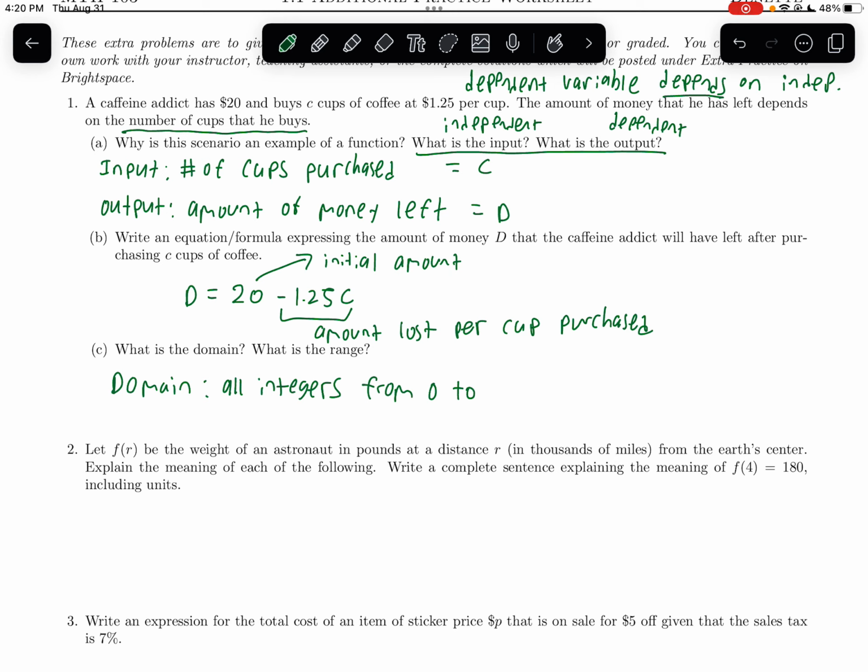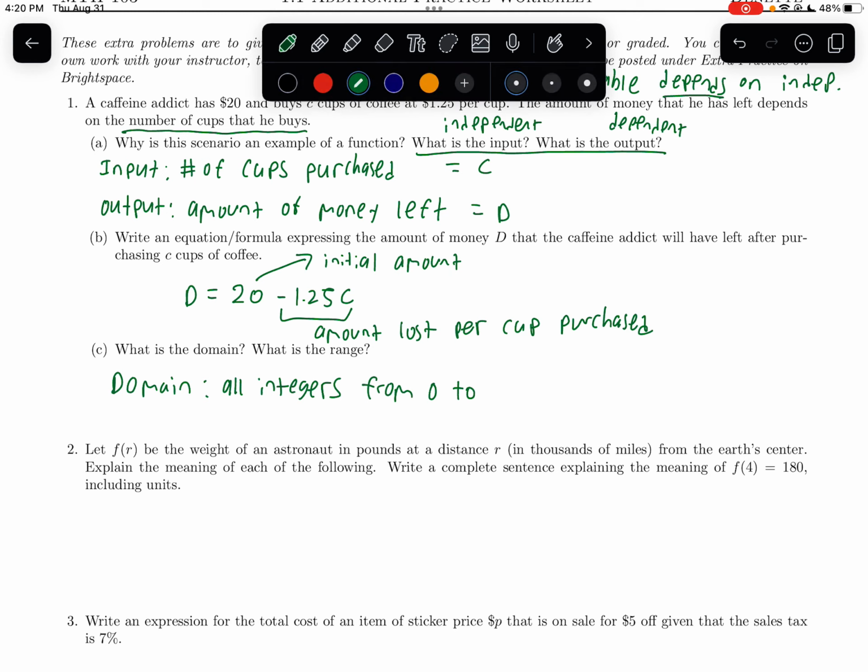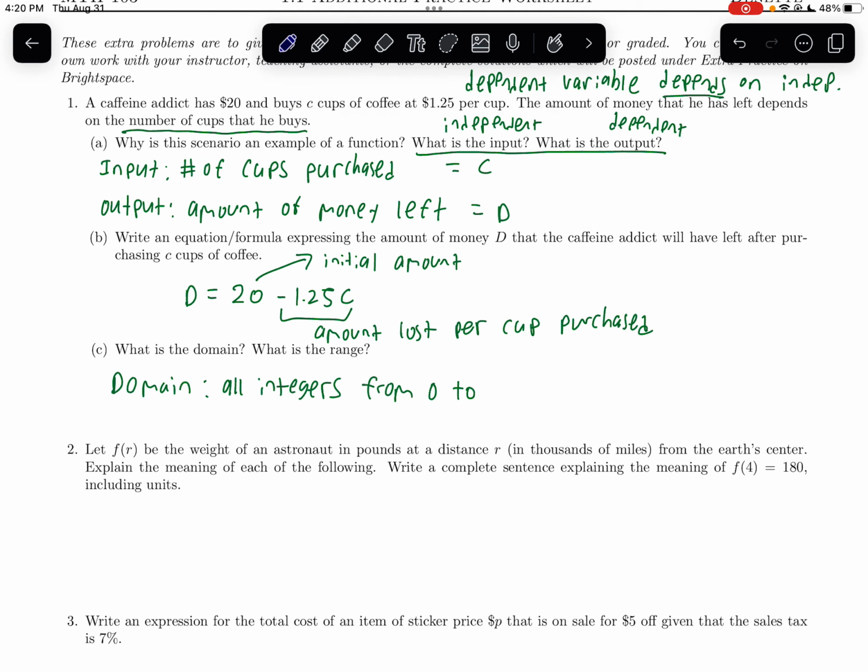now what is the maximum amount that you could buy? Well, it's not infinite, because you only have $20, right? So we could say that if you spent all your money, right? So if D is 0, so you spend everything, then D is 0, which would mean that 20 minus 1.25 C is 0.